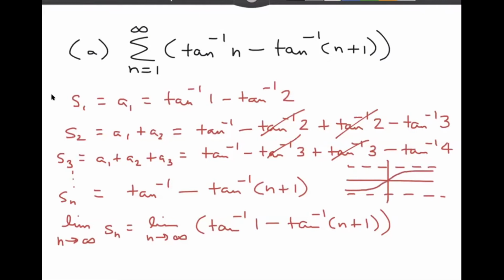The graph gets closer and closer to that top horizontal asymptote, which is y equals what? Do you remember? It's y equals pi over 2. So this limit is going to equal the inverse tangent of 1, which is pi over 4, minus pi over 2. This series converges to negative pi over 4.